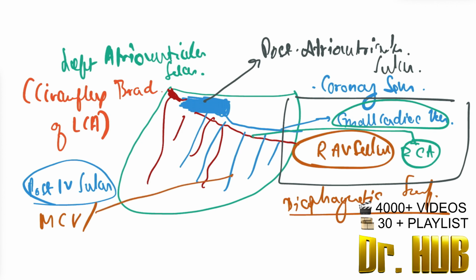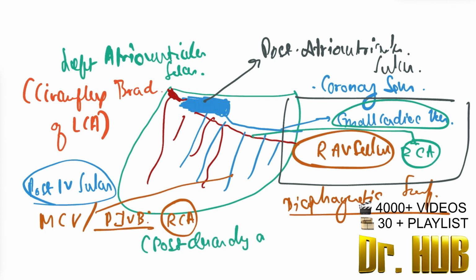We can mark a vein here, that is MCV, and then there is also the posterior interventricular branch of the RCA. The posterior interventricular branch of the RCA has the posterior descending artery. All this forms a part of the posterior interventricular sulcus.